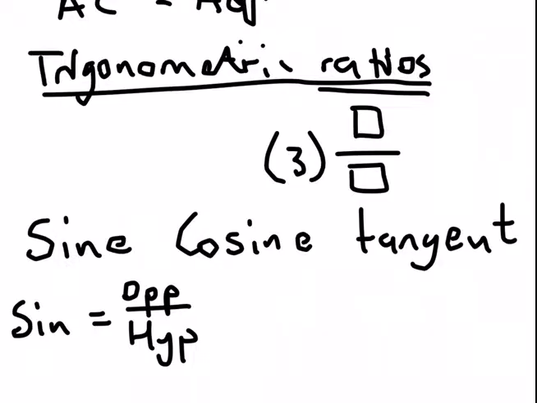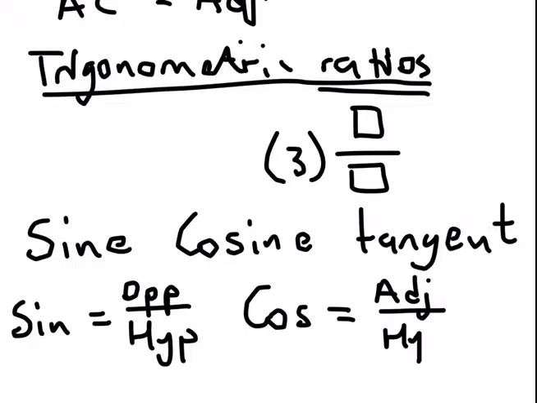And then with regards to the cosine, we will just shorten it and say cos, just like with the sine I said sin or sine. So the ratio for cosine is adjacent side over hypotenuse side.